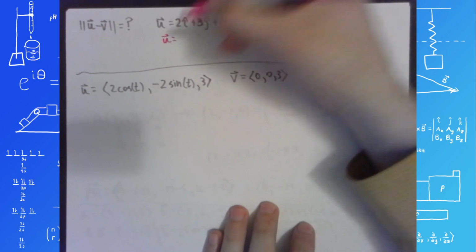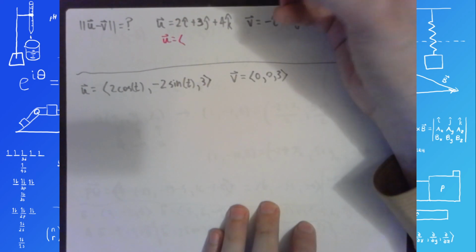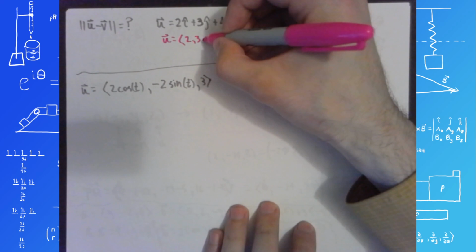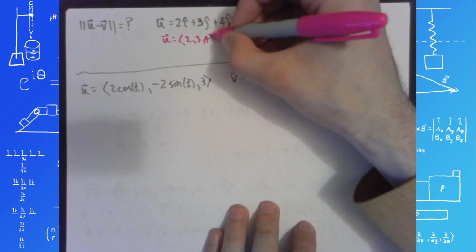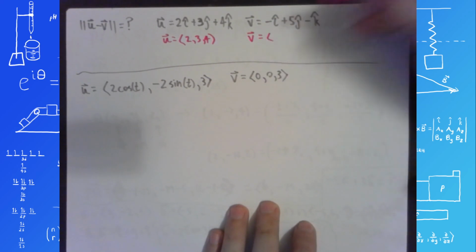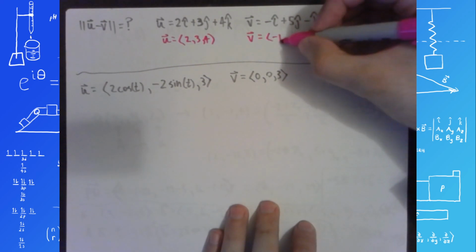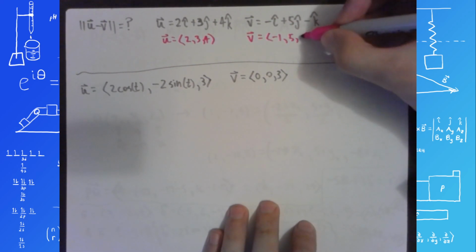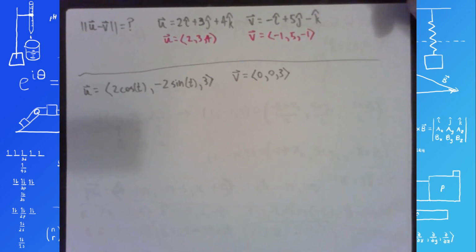So u is going to be 2, 3, 4. And then v is going to be negative 1, 5, negative 1.